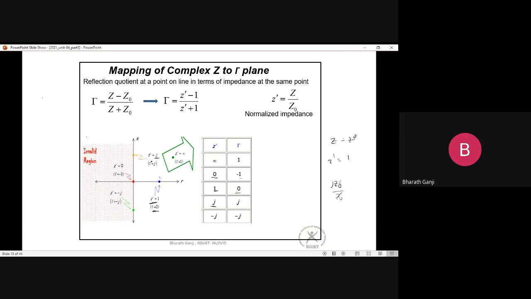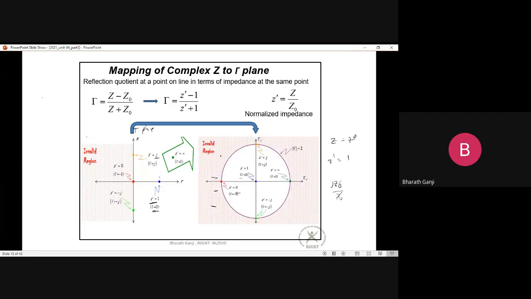Say for example, instead of plotting these load impedance values on an xy plane, we'll try to identify them in the complex tau plane. In the complex tau plane, I know that z dash is equal to infinity will be somewhere here, whereas z dash is equal to 0 will have a reflection which is short circuit, which will be here.